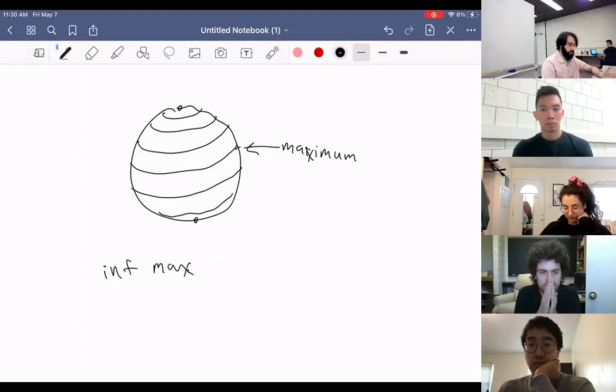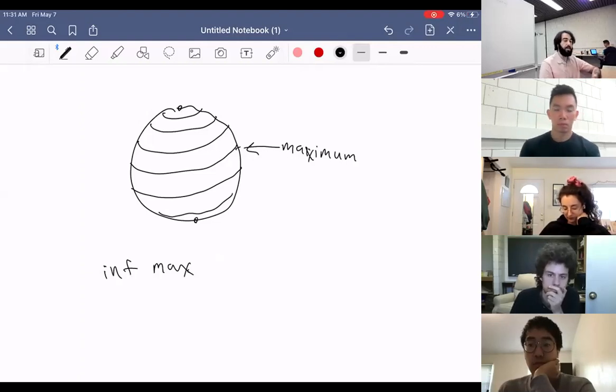And that's what's called the minmax method. It's a very powerful technique. It can get you lots of minimal surfaces. However, they typically have some problems.